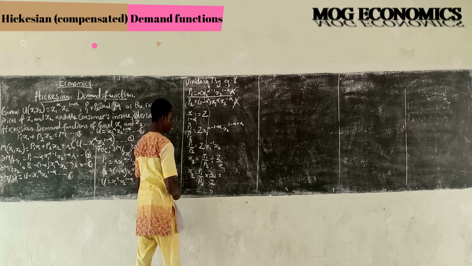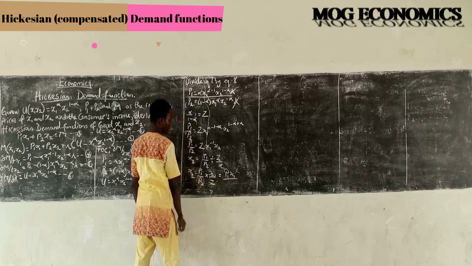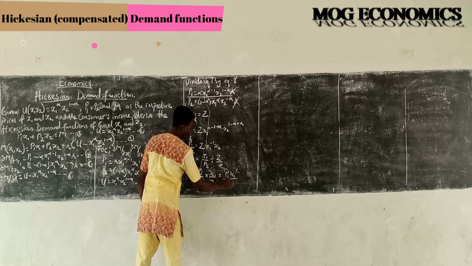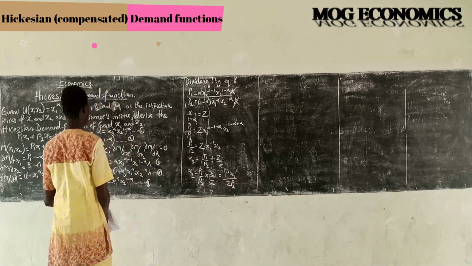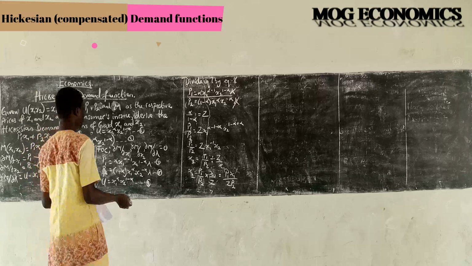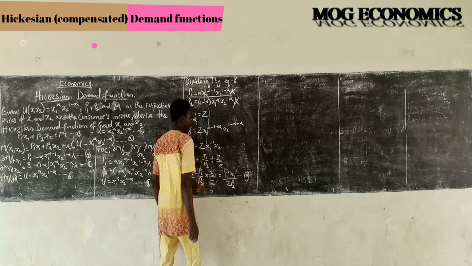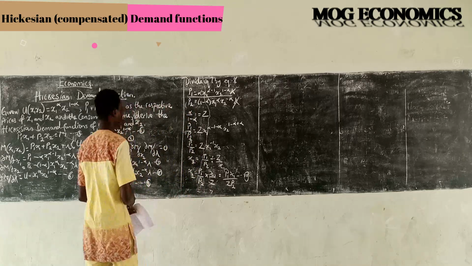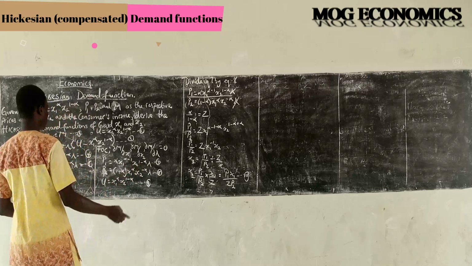So x2 is eventually P1 x1 divided by z P2. Okay, so I could just conveniently call that equation 10. Equation 10. Okay, so now what I have to do is to substitute equation 10 into the constraint here.